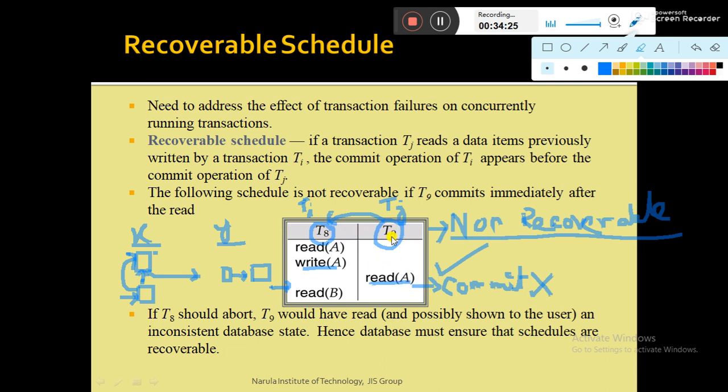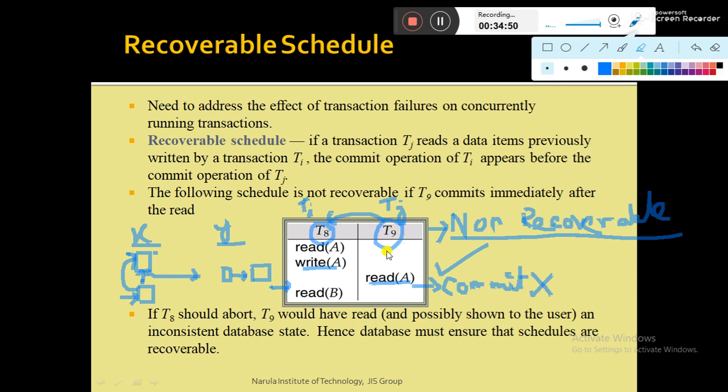Why? Because T9 reads a data item A which was previously written by transaction T8, so the commit operation of T8 should appear before the commit operation of T9. That means first T8 should commit, and once the commit has been done for T8, only then can T9 commit.